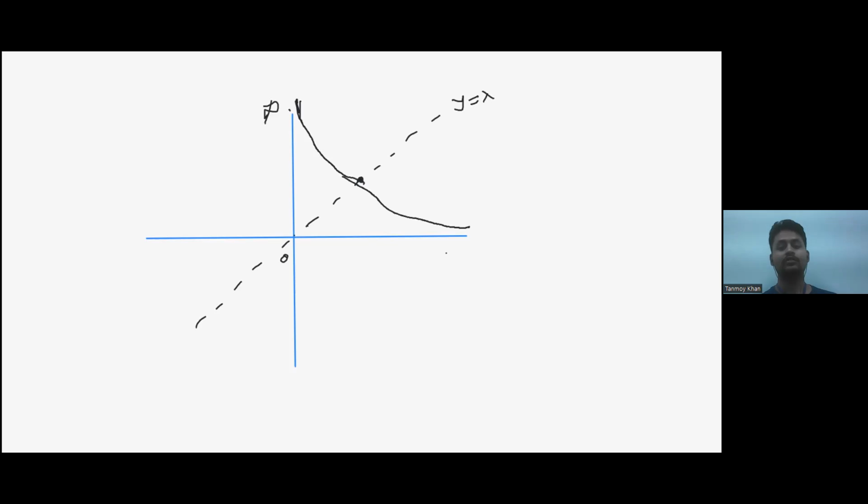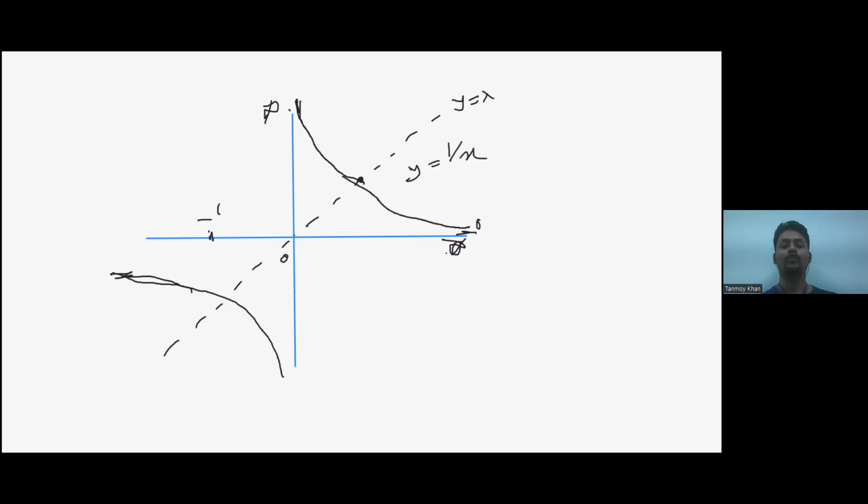And at this infinity, sorry, this will be the point, right? And similarly at the -1 point also, there will be a similar point. Right? So this will be your y equals 1 by x.